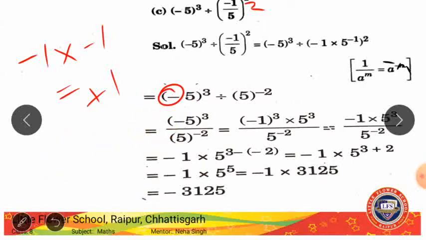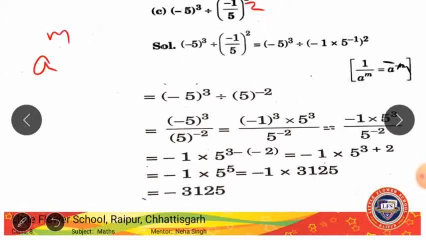See, now are the powers same, base same? Yes, so we will subtract the powers. Now we can see that their base is same, so we can subtract the power: 5 power 3 minus of 2. Which identity are we using here? A power m upon a power n equals a power m minus n.